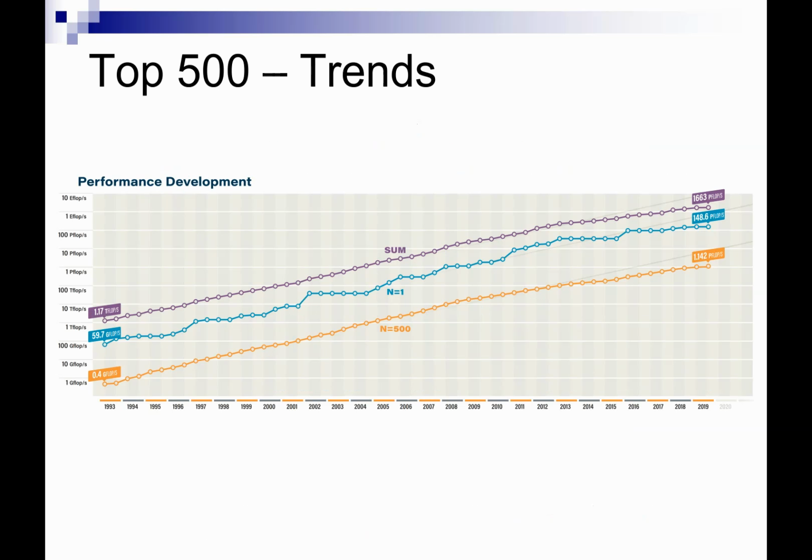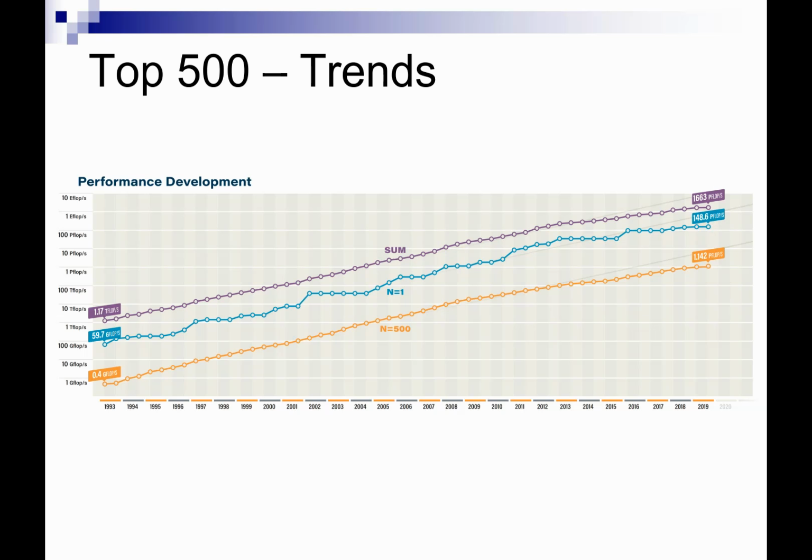Something else interesting about the top 500 is that we can look at how the performance of these computers has increased over time. This plot goes all the way back to 1993. Now there are 3 lines being shown. The blue line is the one that people usually talk about. It represents the fastest supercomputer for that year, and as you can see, for 2019, the fastest supercomputer did about 150 petaflops per second.